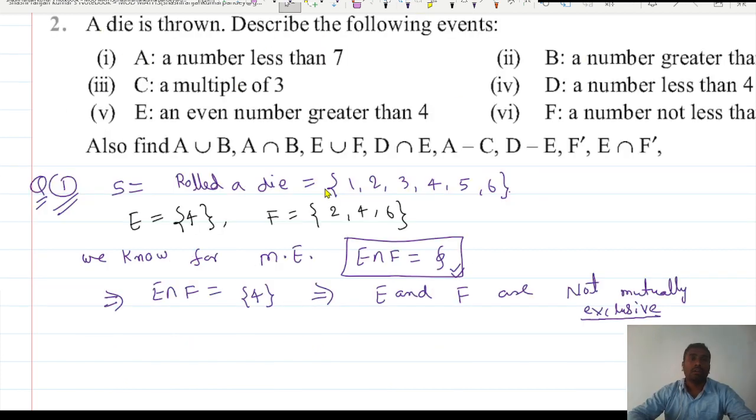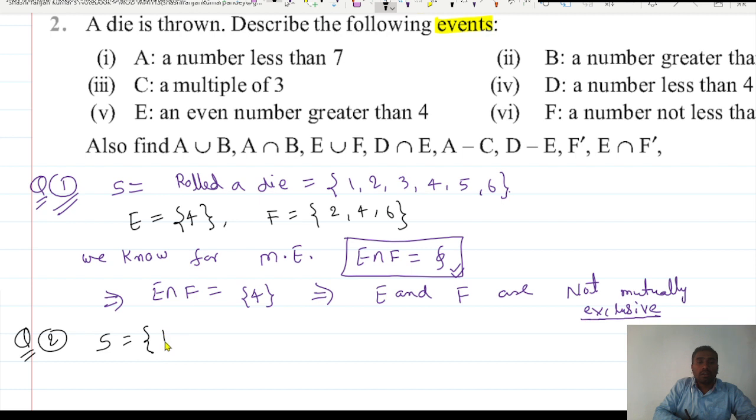Now see the second question. It says a die is thrown, and describe the following events. These events are given after throwing the die. So first of all let us write the sample space: when we are throwing a die, it is 1, 2, 3, 4, 5 or 6.